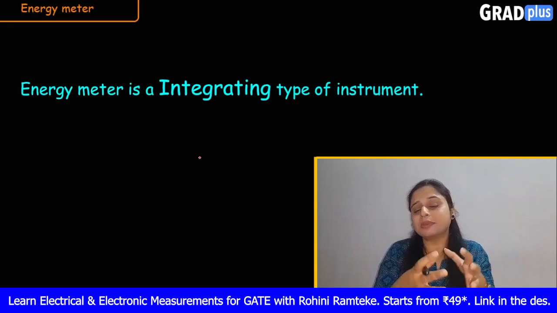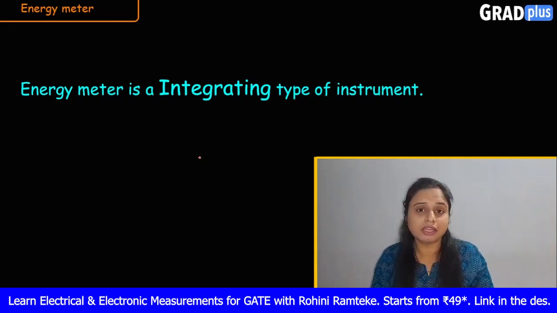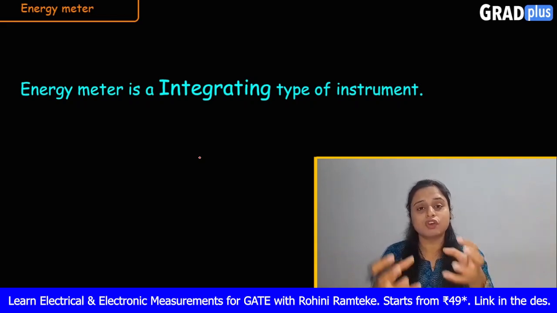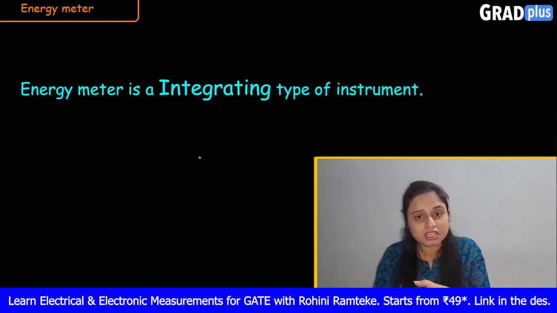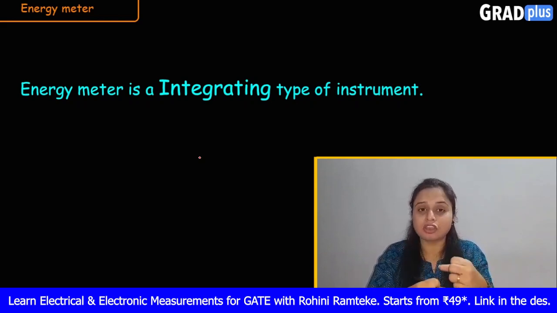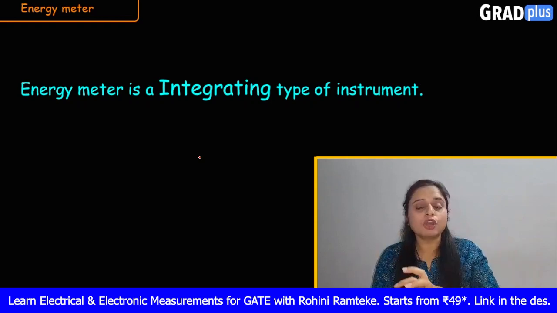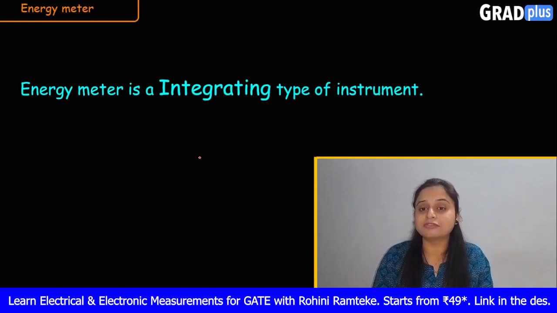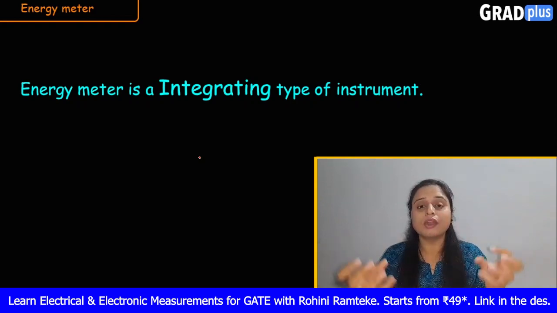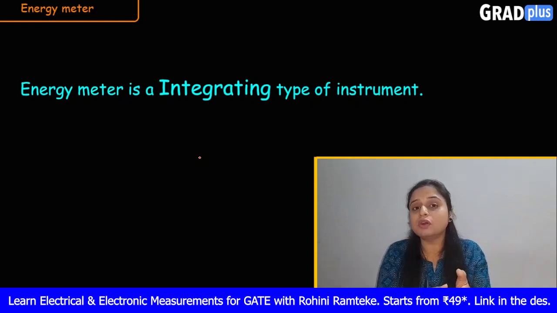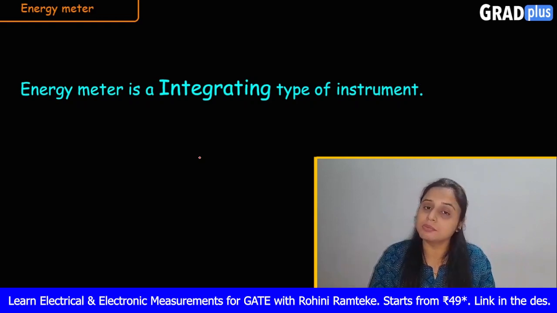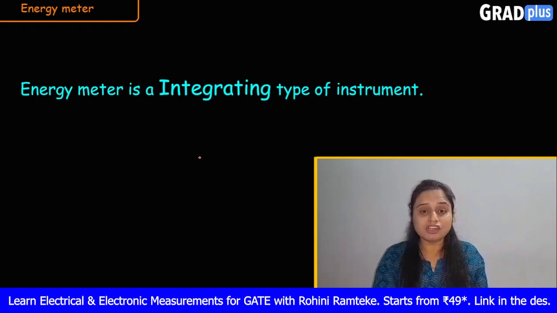Indicating means at the particular instant it will show the reading. Recording means continuous changes in the physical quantity get recorded and shown as a graph. Integrating means it will add all the quantities together for a given amount of time. So the energy meter will come under the integrating type of instrument.